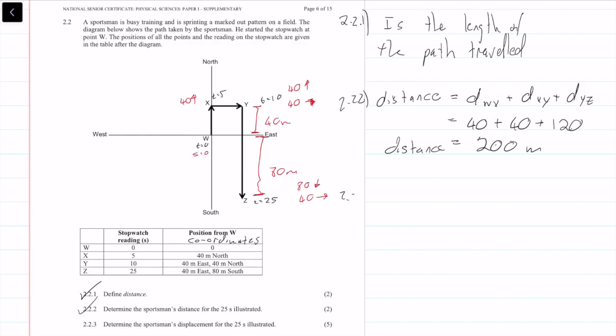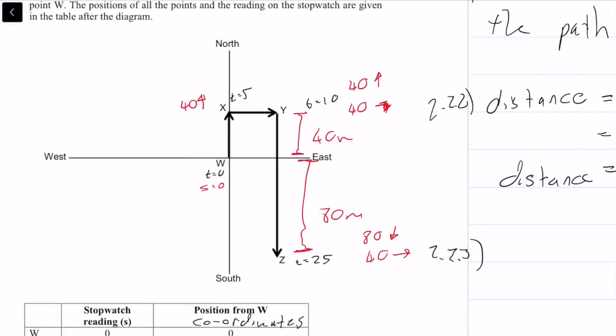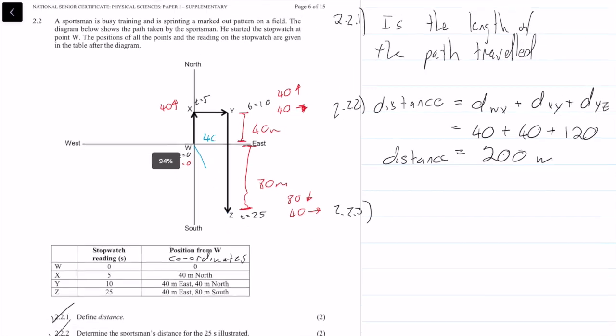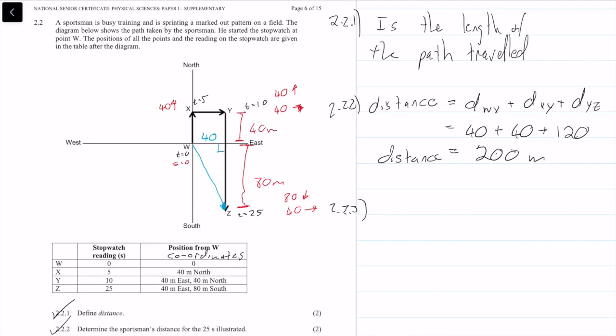Question 2.2.3, determine the displacement for the 25 seconds. His displacement is going to be this. The sportsman's displacement is that. If we look at that triangle, we have 40 there and 80 there, and that's a right angle, so we can use Pythagoras.